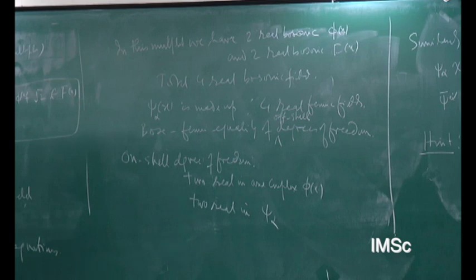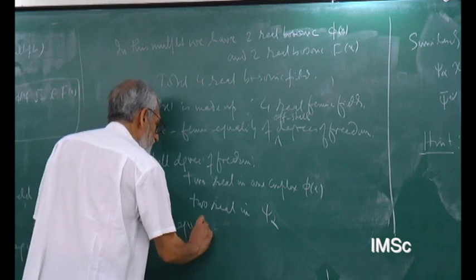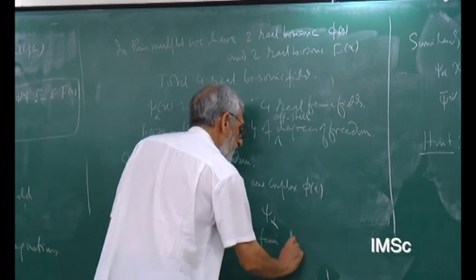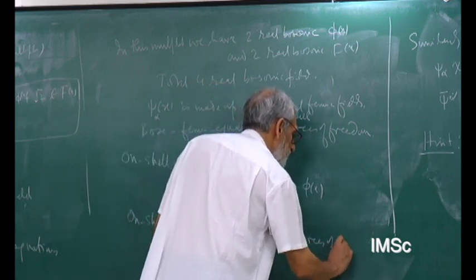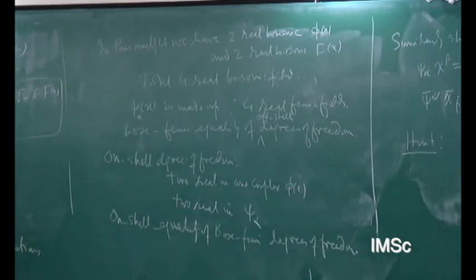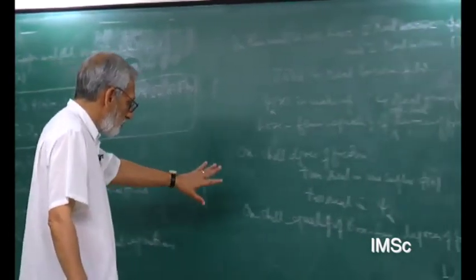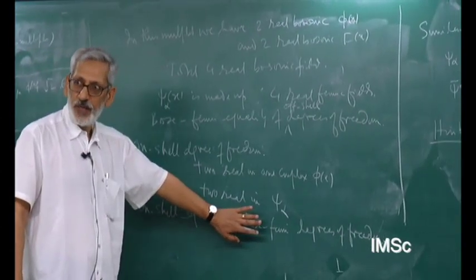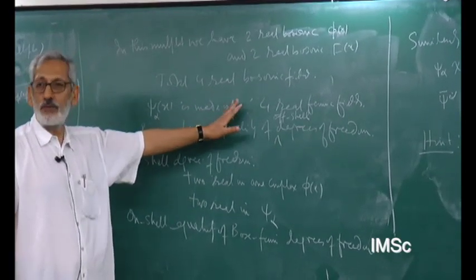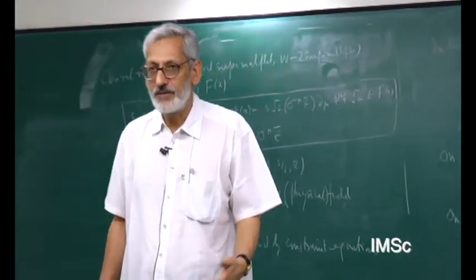So again, on-shell equality of Bose-Fermi degrees of freedom. This will always be true on-shell. But we'll get examples where off-shell it may not be true, and we'll see in what context it can happen.